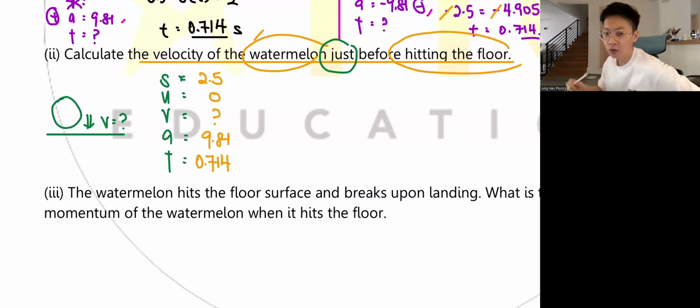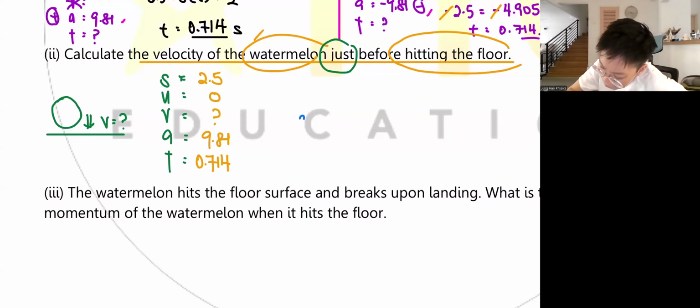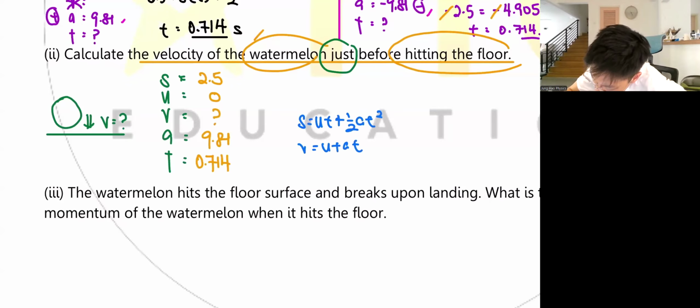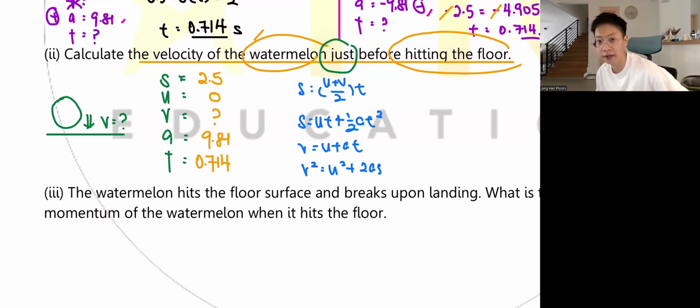Now when I have S, U, V, A, T, I have all 4 formulas. Will the 4 formulas be given in the exam? The answer is yes, they give you this in the formula sheet.